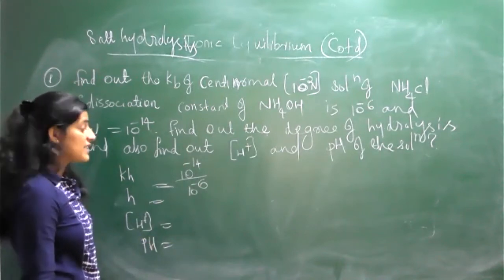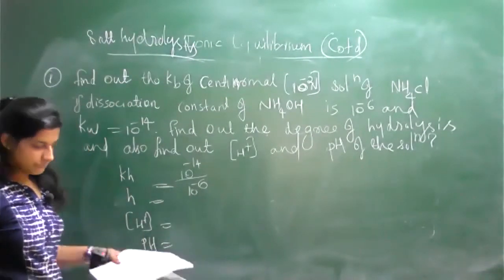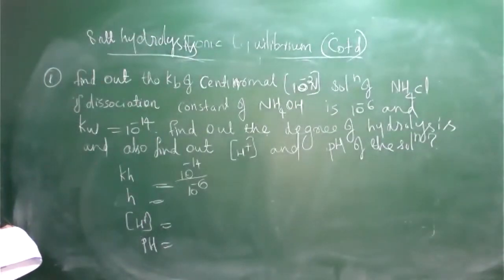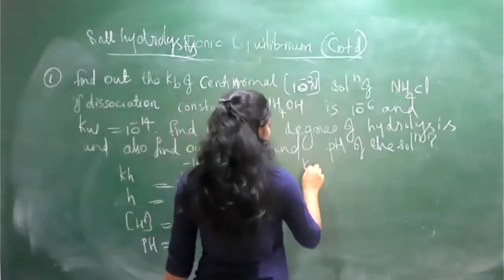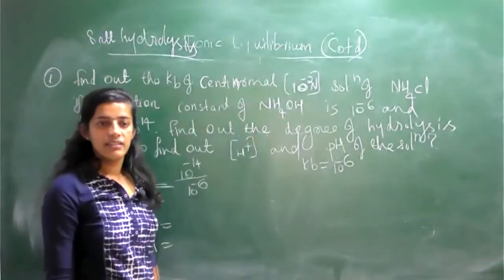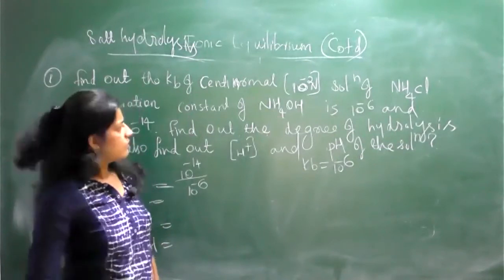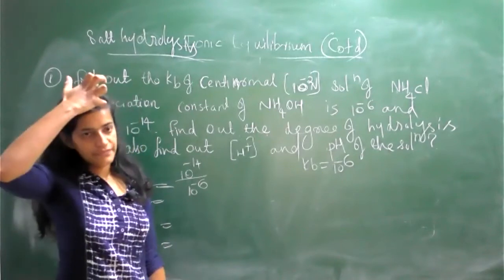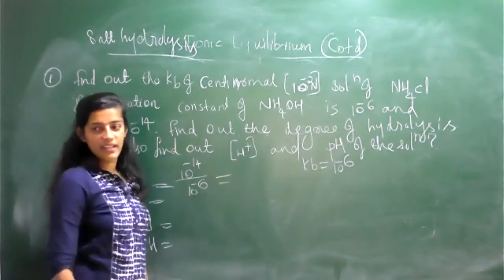I guess Kb is equal to 10 to the power minus 6 is given. Okay, then tell me. Extra they have written over there. That's why given.